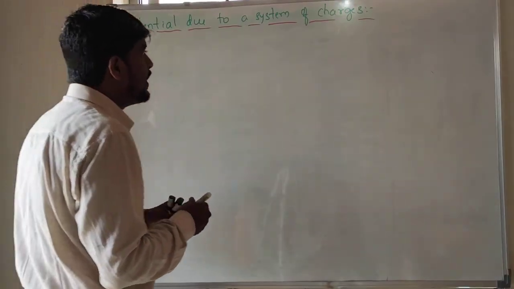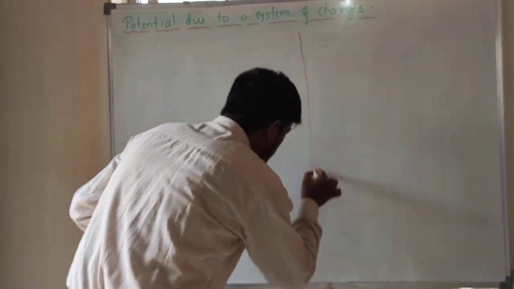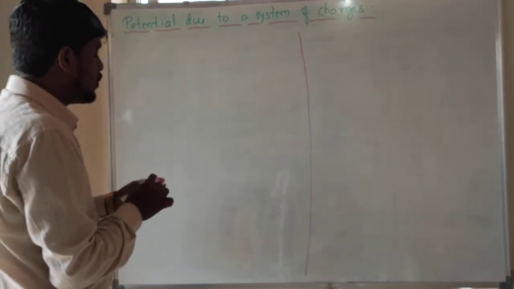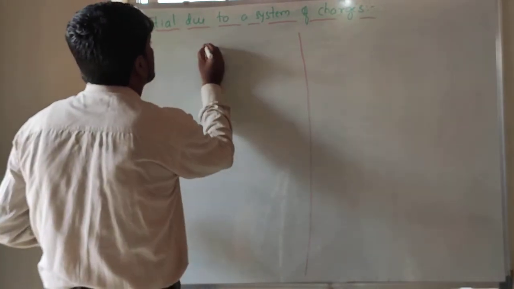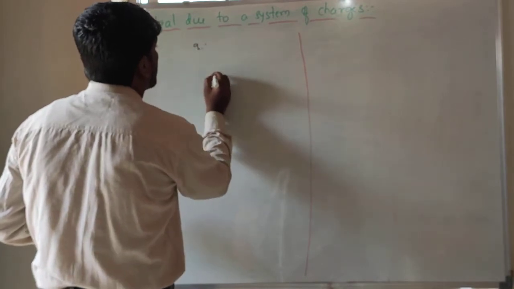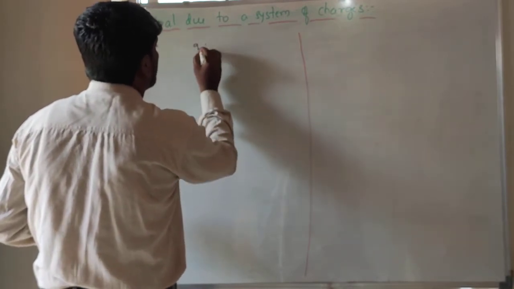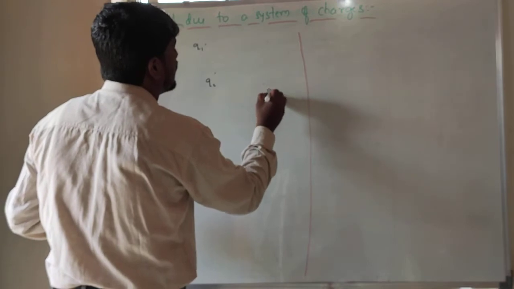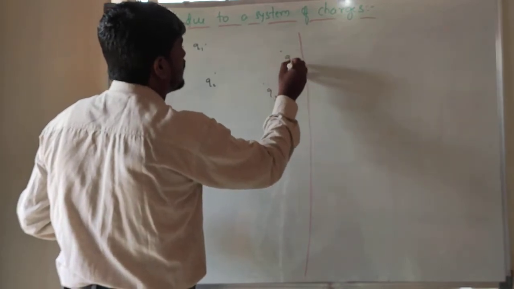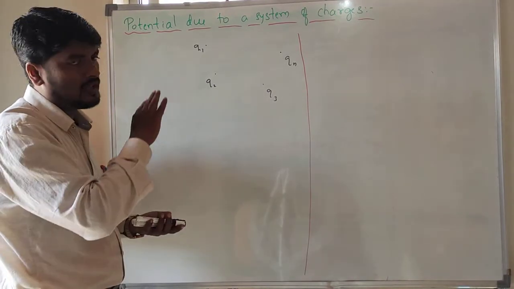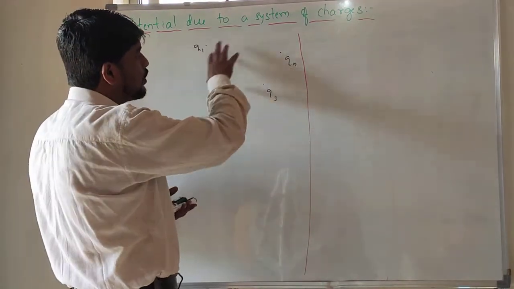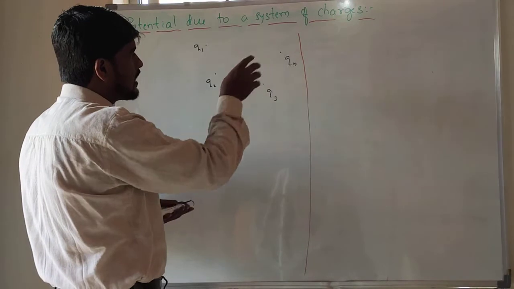So, to begin, we need to consider some point charges, say Q1, Q2, Q3 at different positions. You have the independence to draw the diagram and put the point charges at any positions.